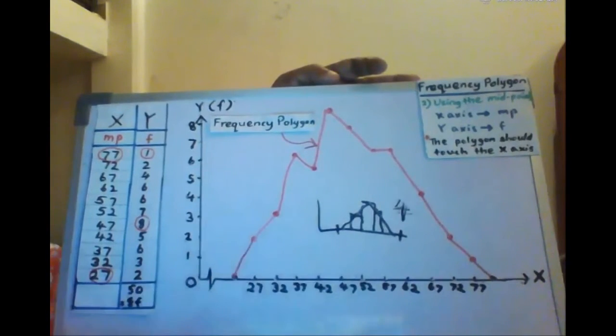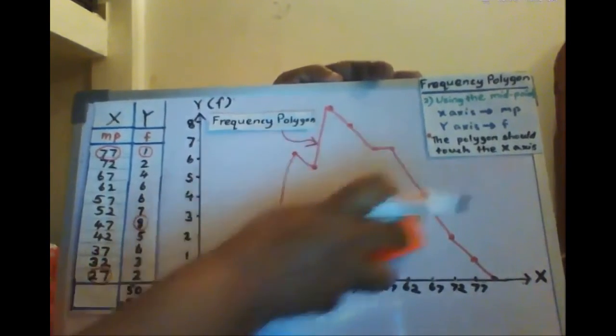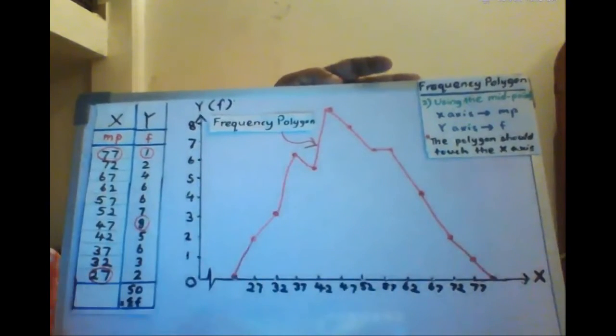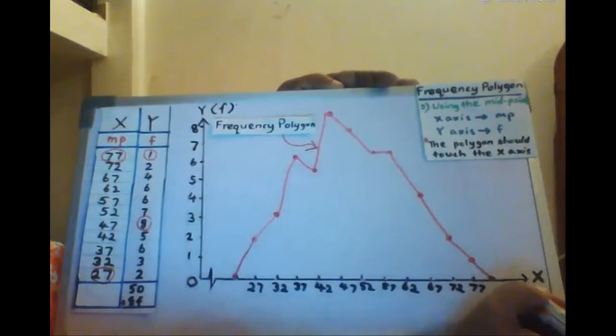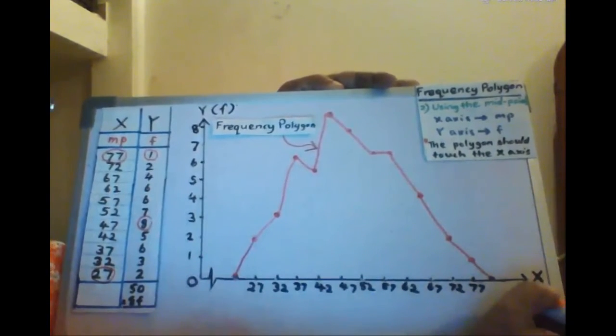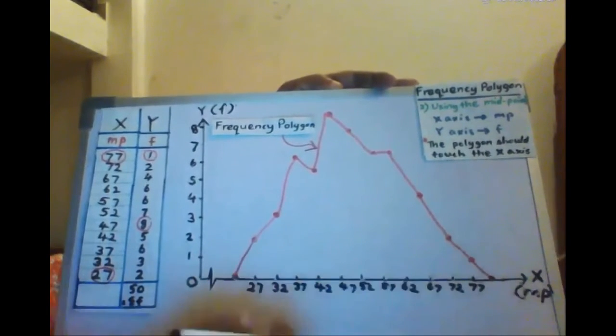Okay, and for this polygon, all 9 points. What are the 9 points? Here we have to put, what do we have to put here? Midpoints, right?